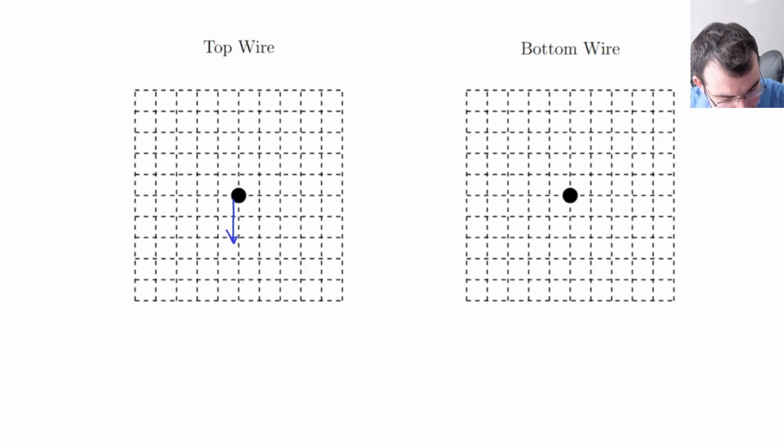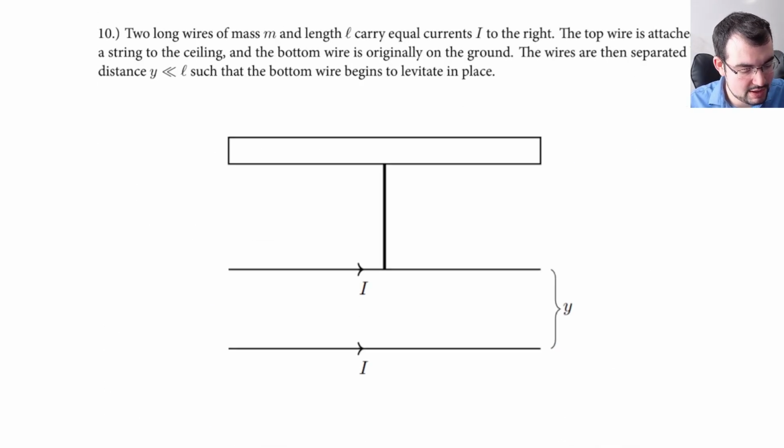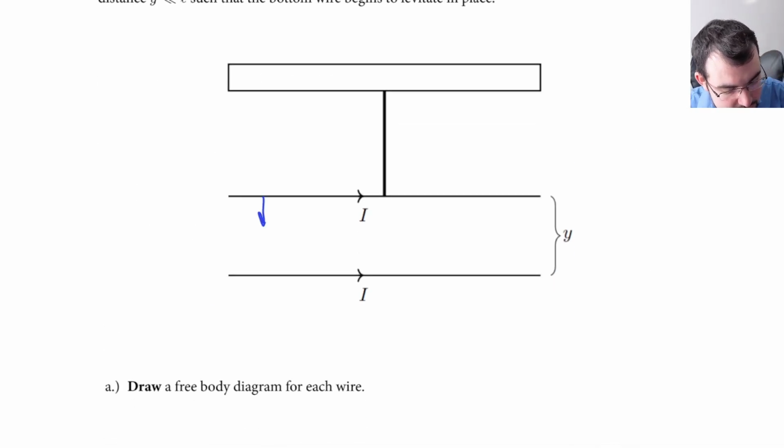So both wires are going to feel some sort of gravitational force down. You know what? I don't like substituting. We're going to call this FG. I'm leaving space here because there could be multiple. Alrighty, so everybody has a gravitational force. So you would have some sort of mg, and you would also have some sort of mg. Okay, but this is about magnetic forces, and like currents attract.